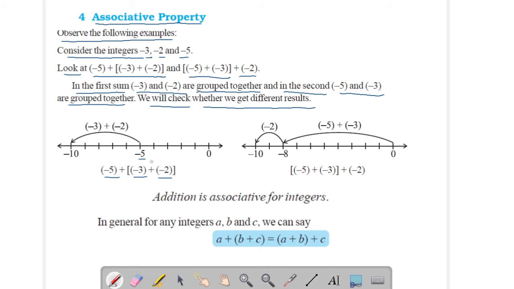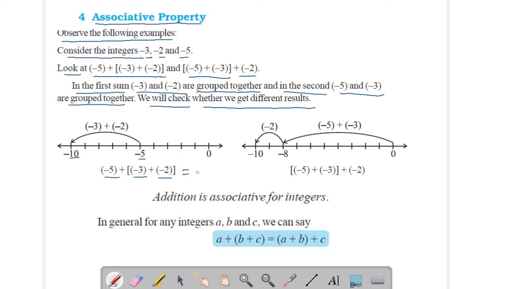If we add a minus term, we have to move towards the left hand side of the number line. We will move left for 5 steps, that is minus 6, minus 7, minus 8, minus 9 and minus 10. Your answer is minus 10.